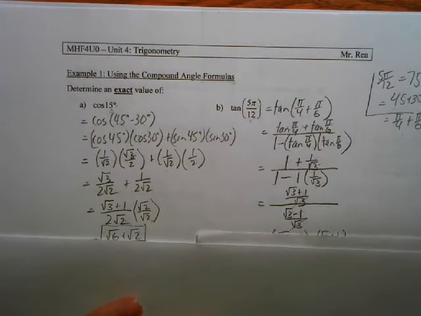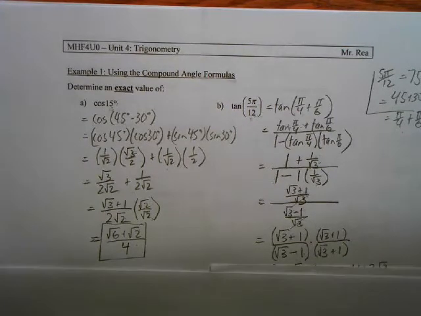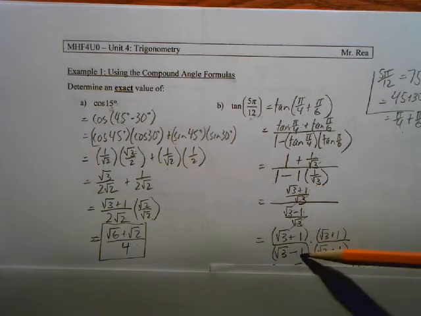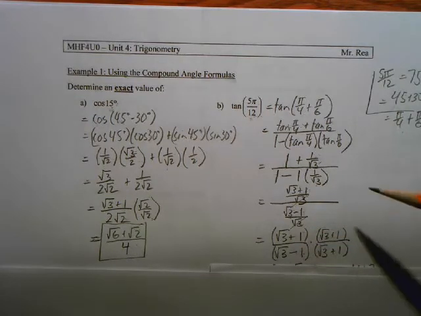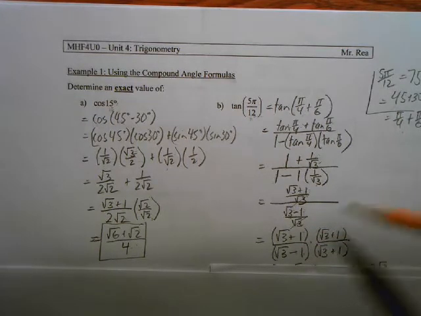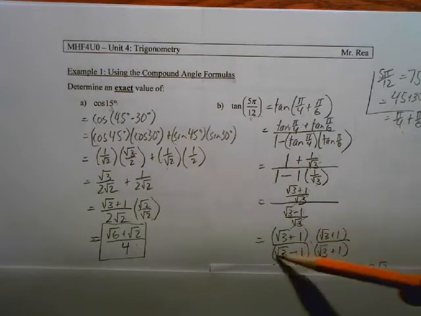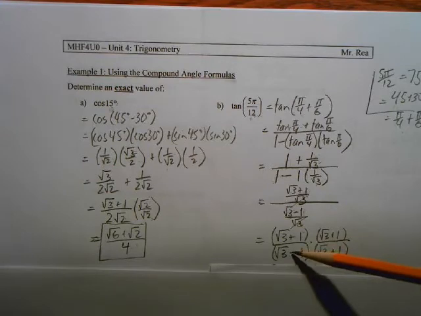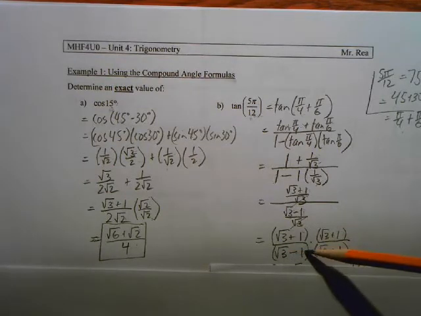The root 3's on the bottom cancel out. So we just have root 3 plus 1 over root 3 minus 1. And again, we have that issue with a radical in the denominator. We want to get rid of the root 3. Now, we can't do it just by multiplying by root 3, because it'll fix this, but it'll create another root when I multiply it with that.